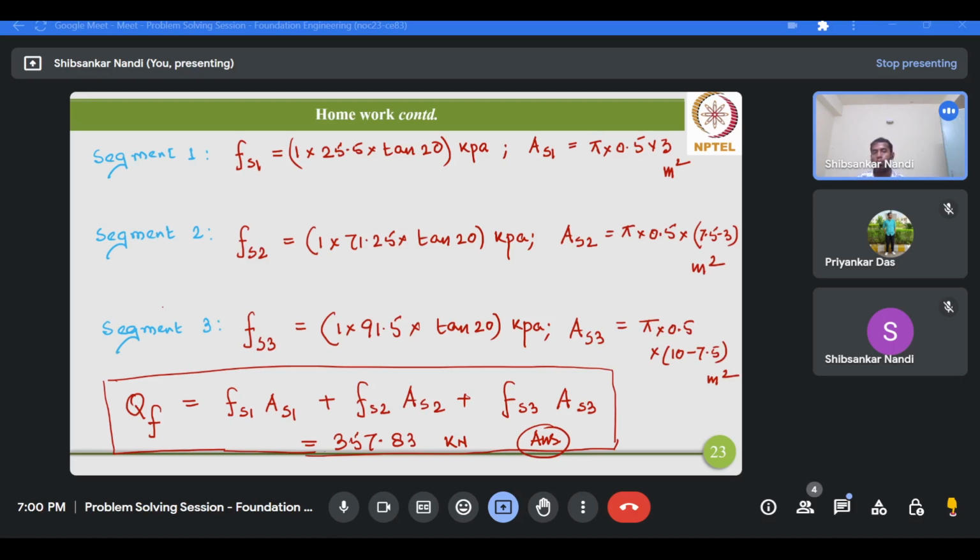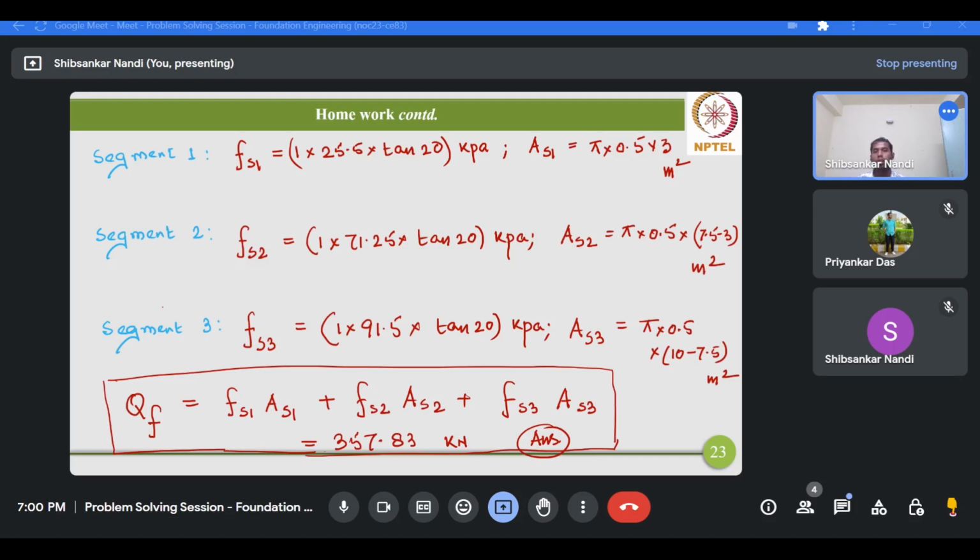For that, to have a uniformly distributed stress beneath the footing base, we have to pass the resultant load through the centroid of the footing. Otherwise, there is a chance of generation of an externally applied moment, which will be the product of the axial load with the eccentricity at which the load is acting from the center of the footing.